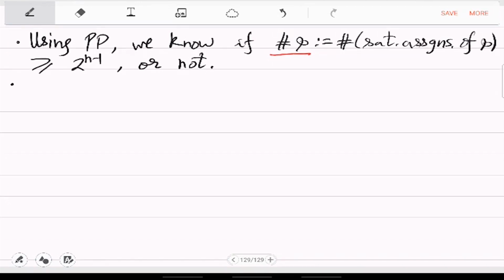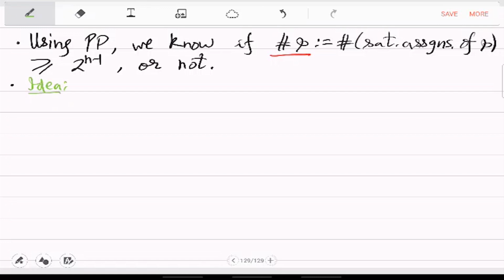But then from this, how do we actually compute this #phi? This is just one bit. How do we compute the other bits? Somehow we have to fill this difference, right? This unknown difference between 2 raised to n minus 1 and #phi. So for that, let us define the difference as k.